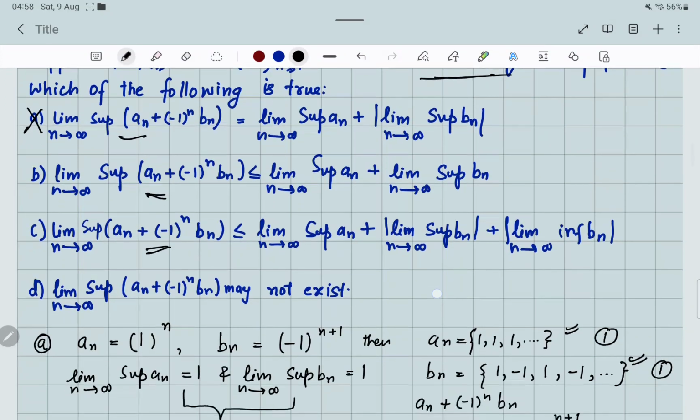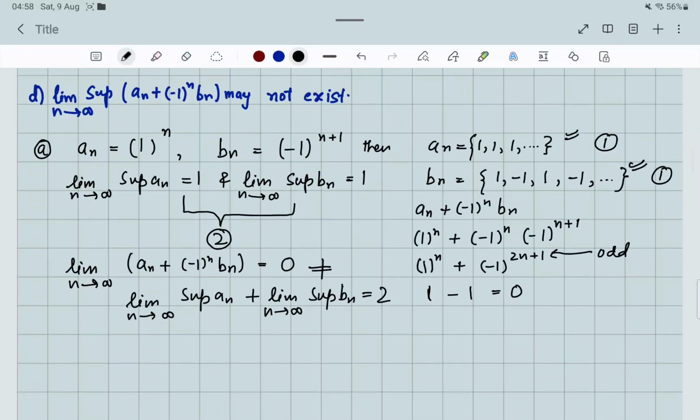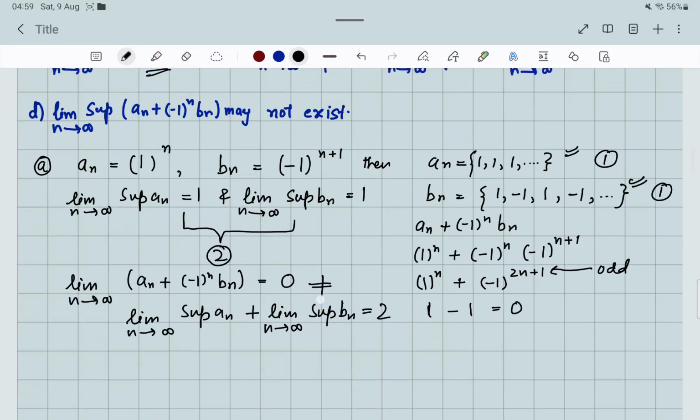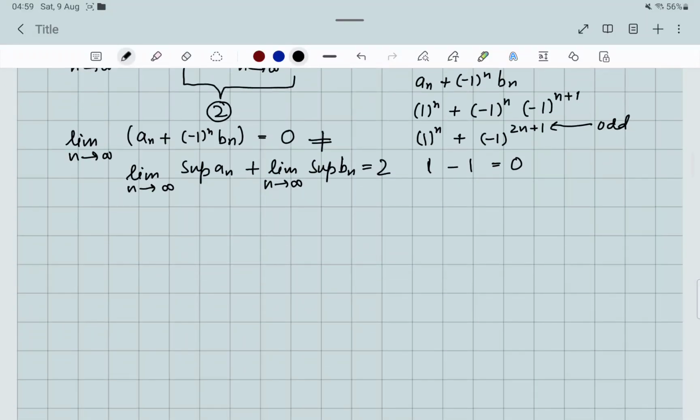For option B, again we have to calculate supremum a_n and supremum b_n. If we choose the very same example, we will be getting 0 less than 2, which will be satisfying. But let's choose another example for this.